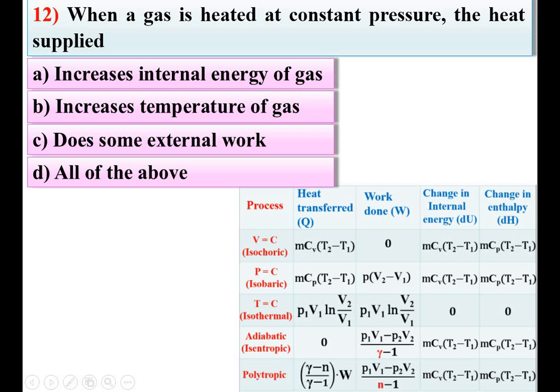And here you can see for the constant pressure process, where pressure remains constant, whatever it may be, the heat supplied will increase the temperature as well as the internal energy. And during the constant pressure process, work is also done, that is P(V2 minus V1). So it does some external work also. So you can say all of the above is the right answer.